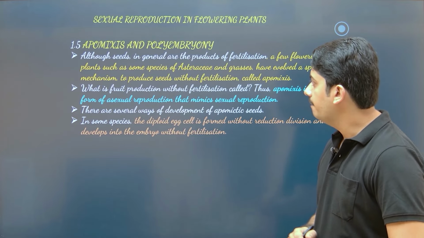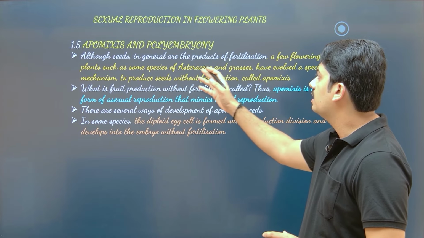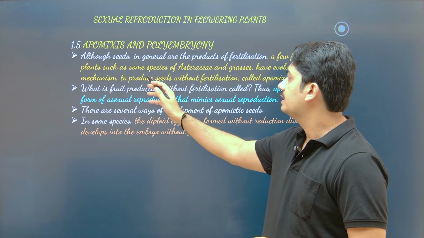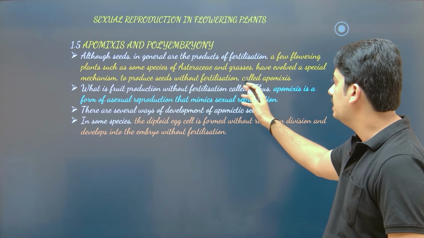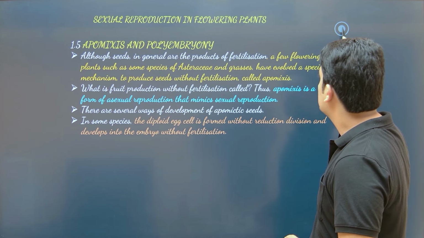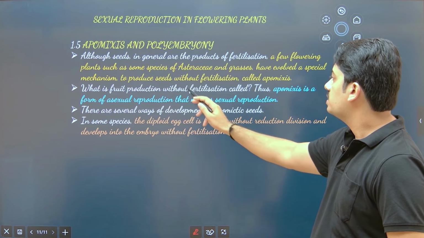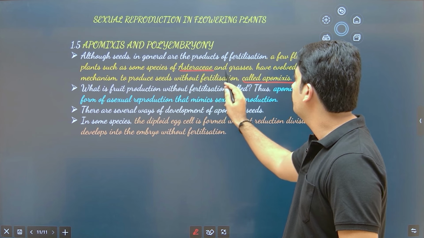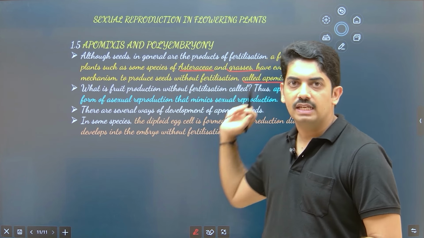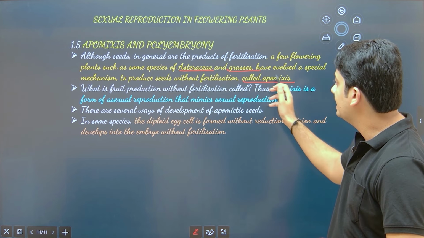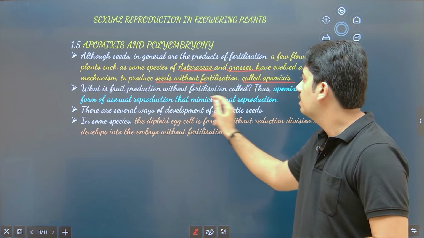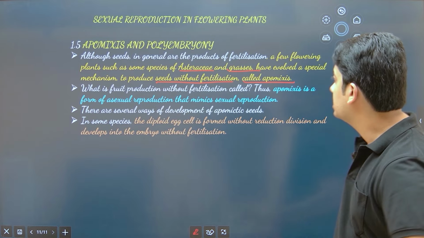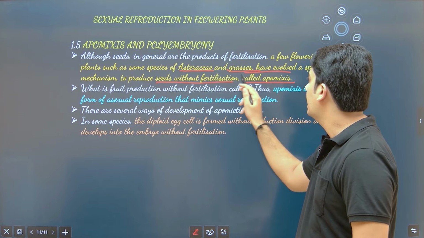Now just observe here, although seeds in general are the products of fertilization, a few flowering plants such as some species of Asteraceae and grass have developed a special mechanism to produce seeds without fertilization called apomixis. This is a very, very important example. In the case of Asteraceae and grass, seeds are produced without fertilization. We studied production of fruits without fertilization, but here seeds are produced without fertilization, and that process we call apomixis.